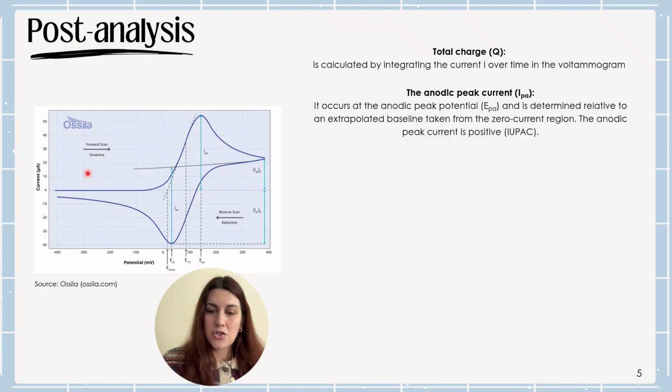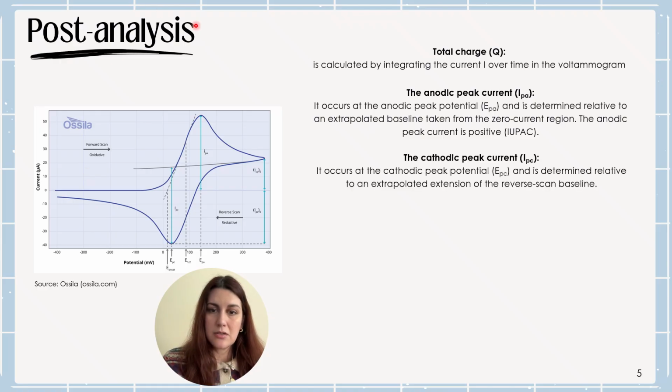Similarly, we can measure the cathodic peak current, denoted as IPC, which corresponds to the reduction reaction. This occurs at the cathodic peak potential, labeled EPC. Again, this value is determined relative to the baseline of the reverse scan.